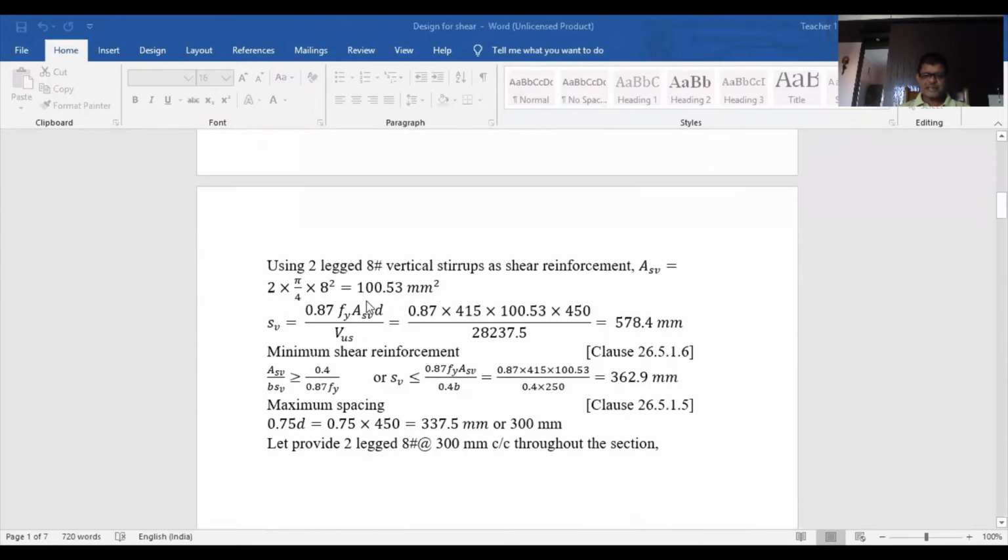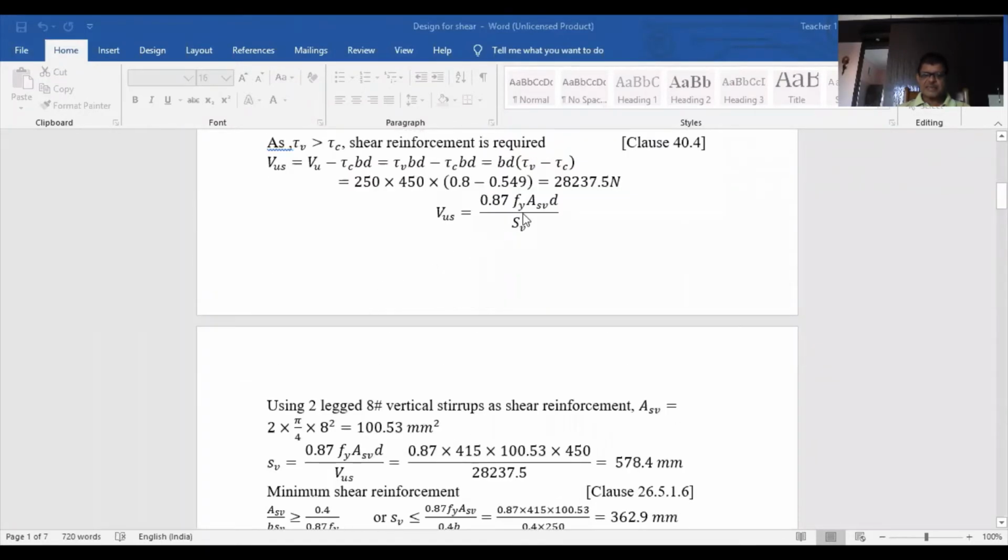Here Asv is the area of the stirrups, and we are using two-legged 8 mm. Generally you use two-legged 8 mm, but this data is not given. You have to assume whether you are using two-legged, one-legged, four-legged, and the size of bar, 8 mm, 10 mm, whatever you are using.